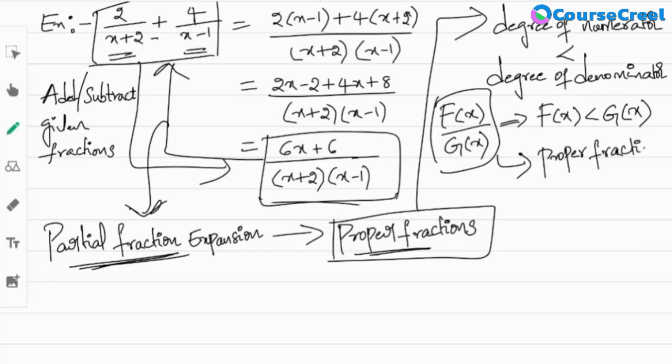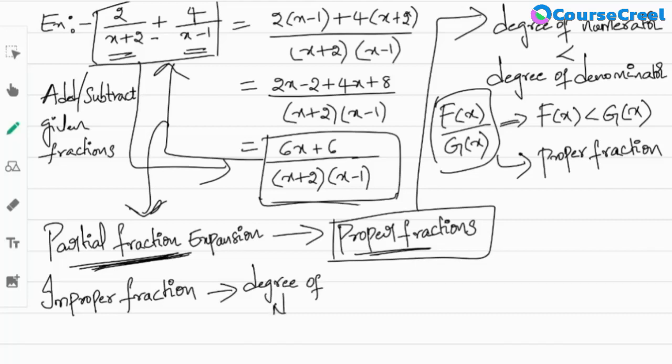So when the given fraction is a proper fraction, only then can the partial fraction expansion method be applied on it. And what if the given fraction is an improper fraction? An improper fraction is a fraction in which the degree of the numerator is greater than the degree of the denominator.